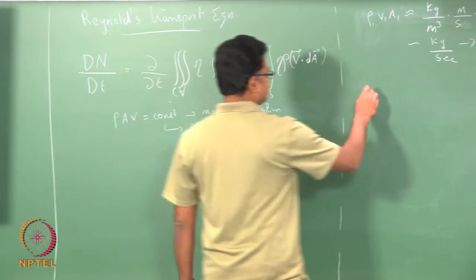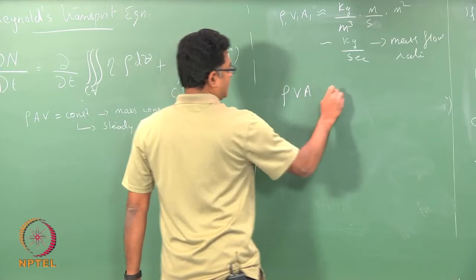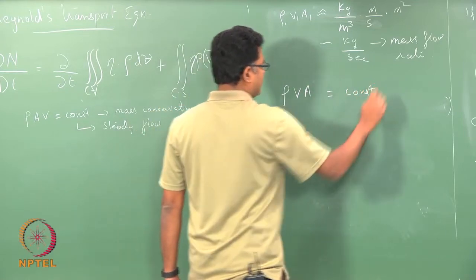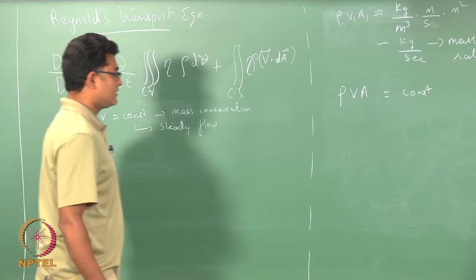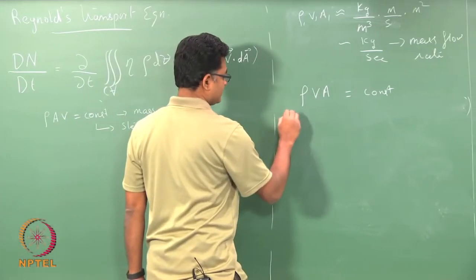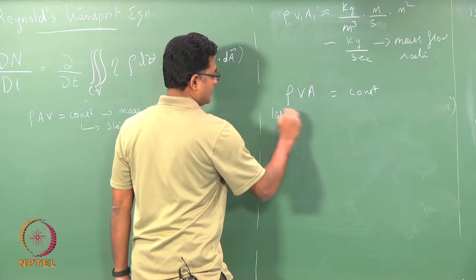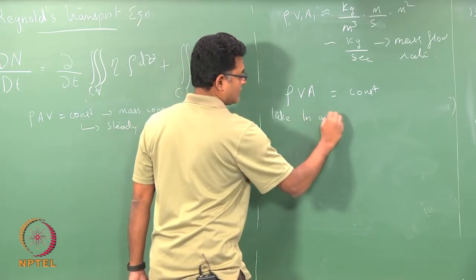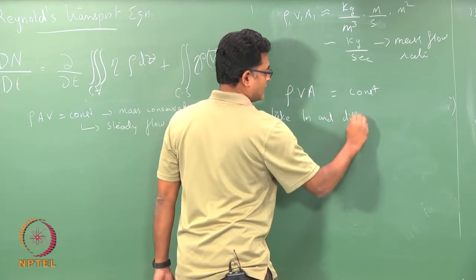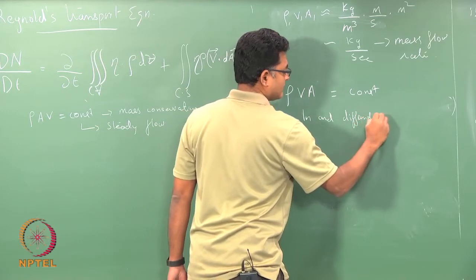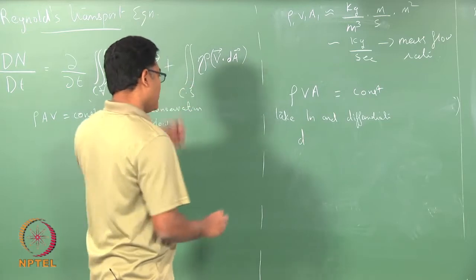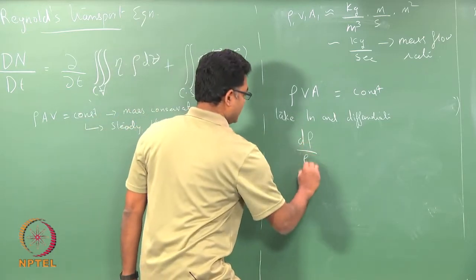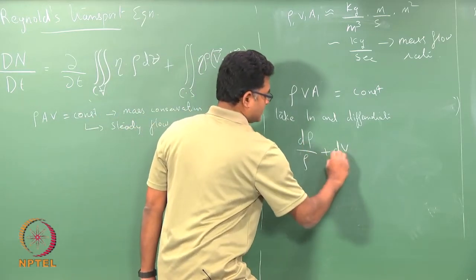Now, again I write this equation, take the logarithm and differentiate. I could get this form.